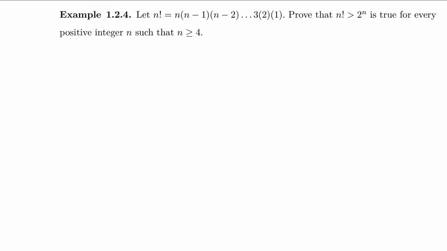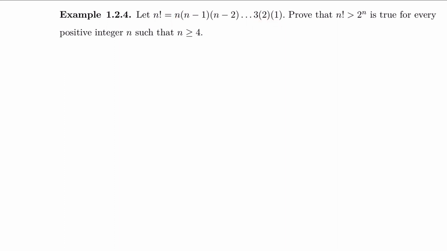We let n factorial be the product of n, n minus 1, n minus 2, all the way to 3 times 2 times 1. Actually, it's a product of consecutive numbers from 1 to n.